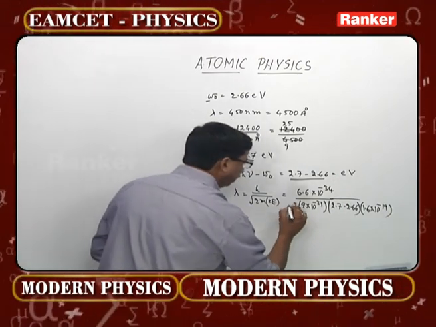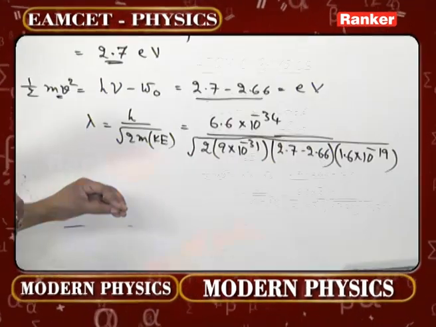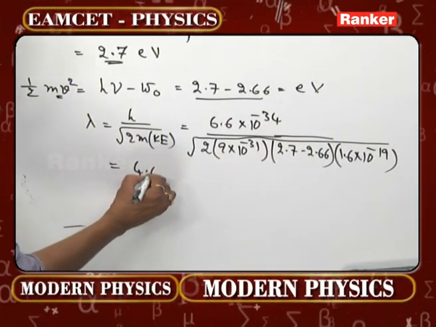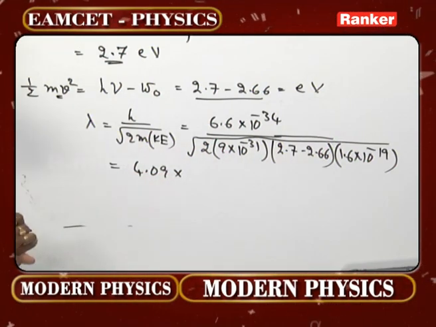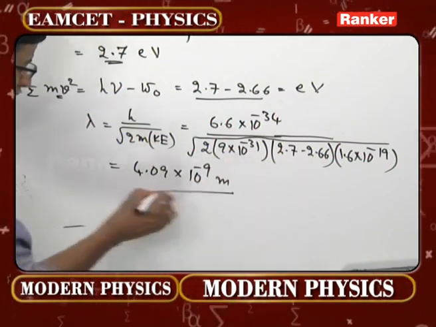This whole value should be under root. If you simplify, you will get near around 4.09 into 10 to the power minus 9 meter.